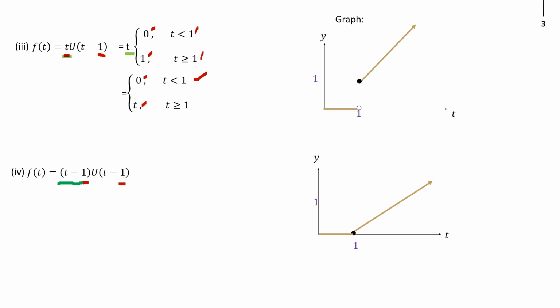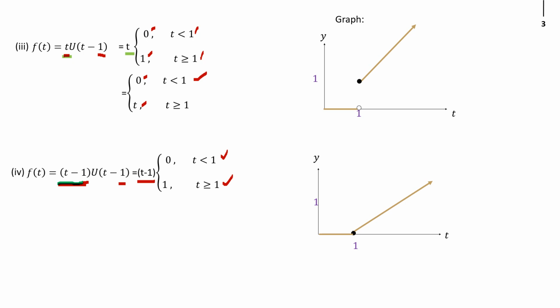So the piecewise function is: a is 1 here, and we put t minus 1 here.